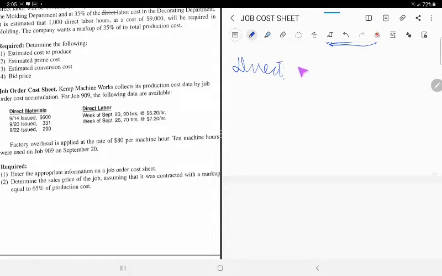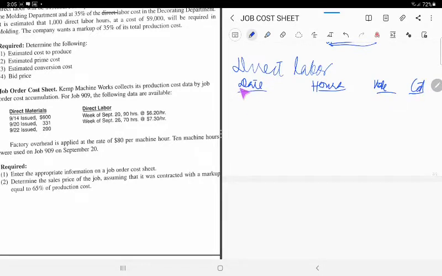Now let's go to direct labor. What will we put in direct labor? Let's see. Here it says week rather than time cost sheet, but you can also get this from the time cost sheet, or rather the time ticket. So we have the date, then the hours, then the rate, and the cost.